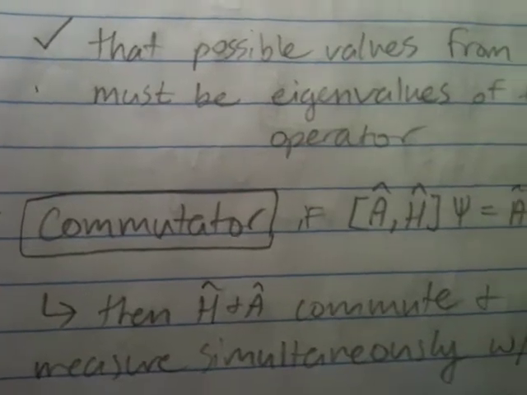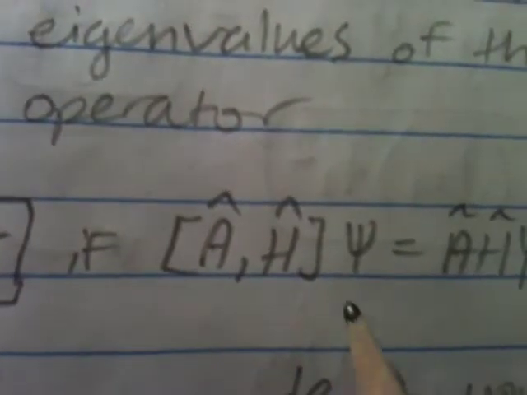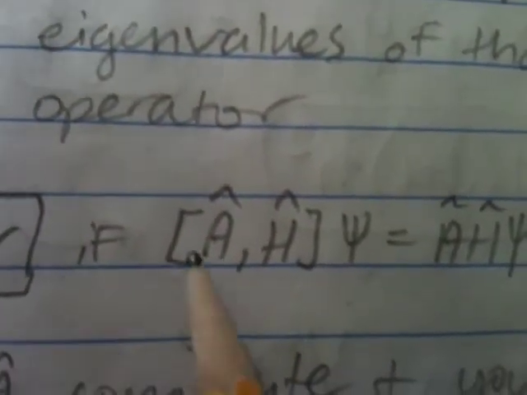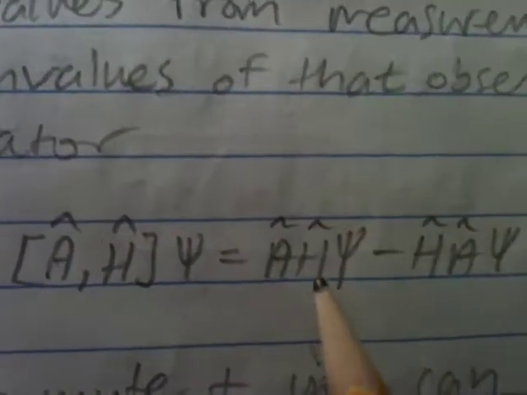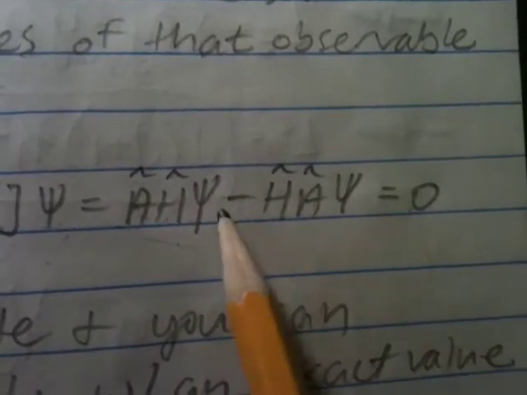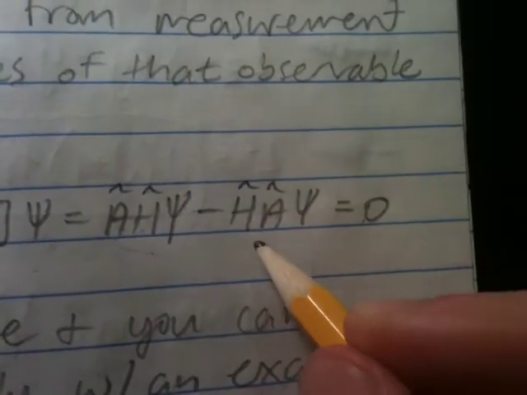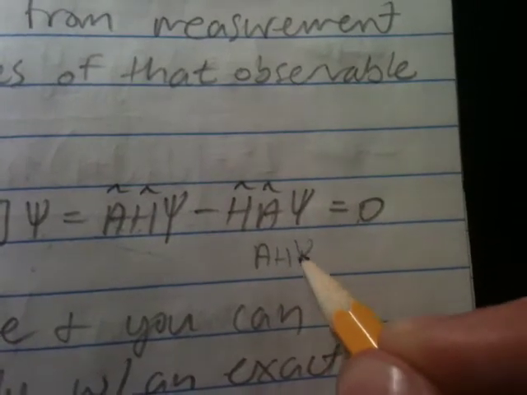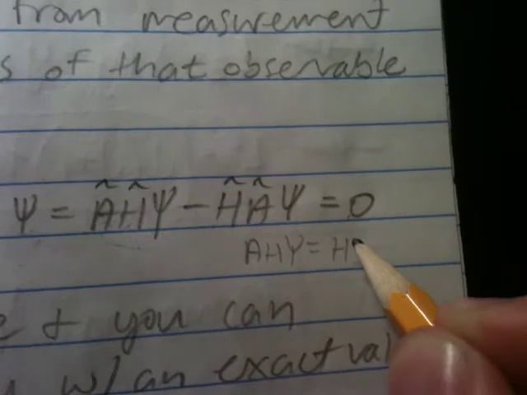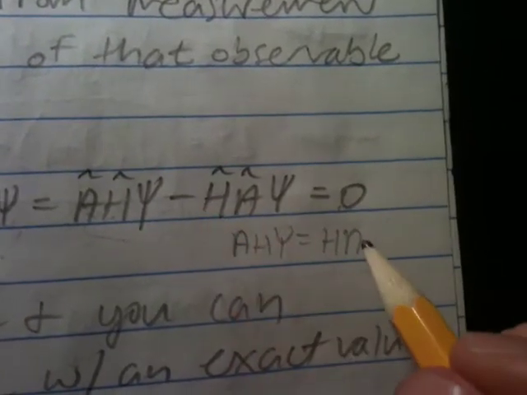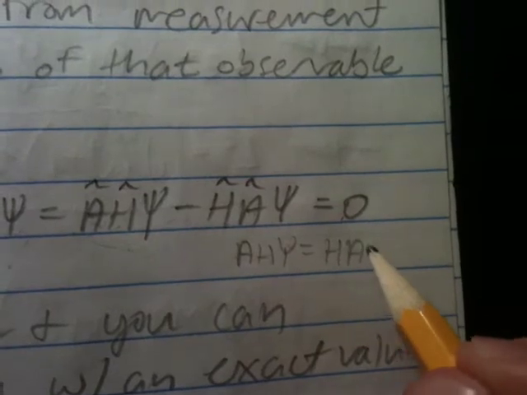So we have a couple of observable operators. Let's say we have A hat and H hat. Both of these are able to operate on psi. If this operation yields this result, where the order of the operators switched equal each other, because if you rewrite this, AH psi is equal to HA psi, with their hats.